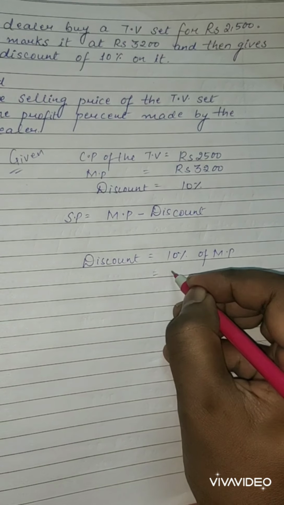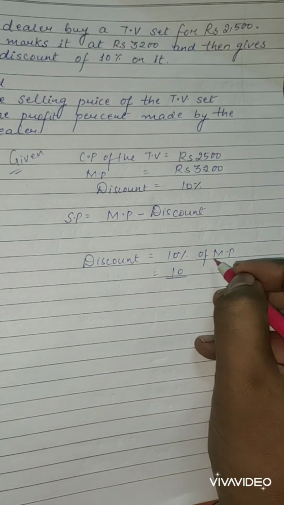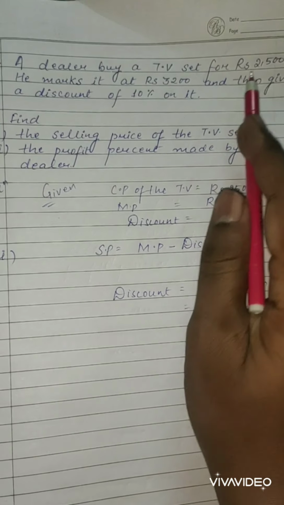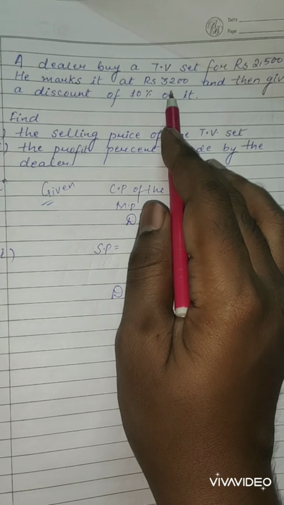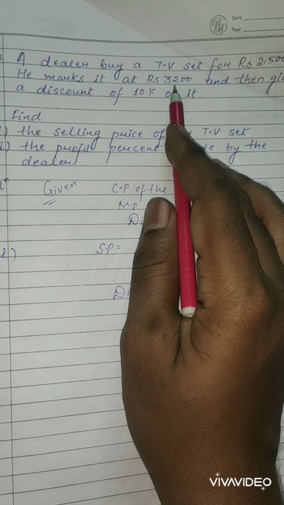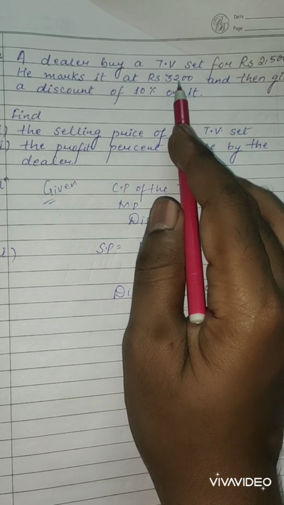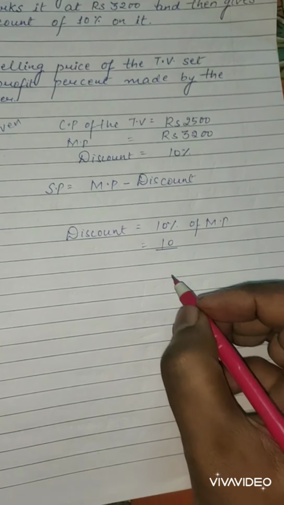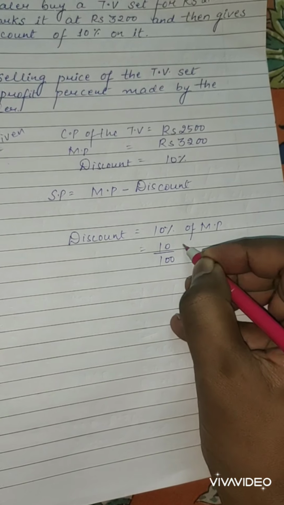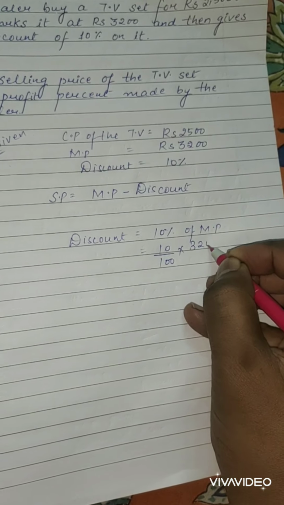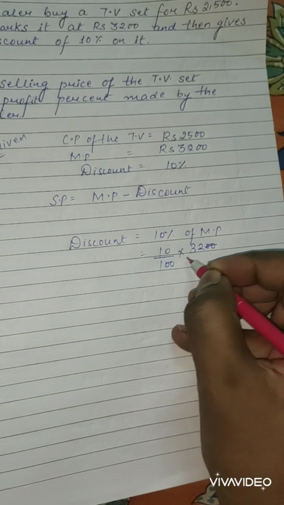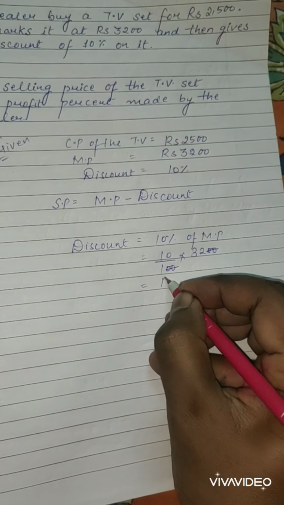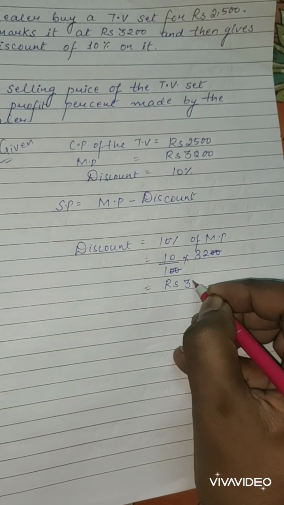Clear? Why on mark price? Because the discount is given on the mark price. The shopkeeper is giving the discount on the mark price as it is mentioned. So 10 upon 100 into 3200. Clear? So this will be rupees 320.